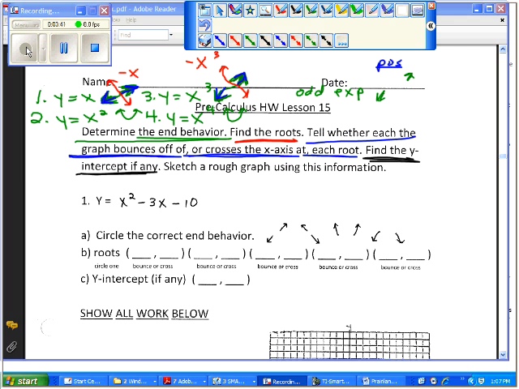So my end behavior if there's an odd exponent is like that if it's positive, but like this if it's negative. It's still got an up and down, but remember, lines with positive slopes lean to the right, and lines with negative slopes lean to the left. And that same idea applies to the third power, fifth power, seventh power, ninth power, all odd powers, okay?